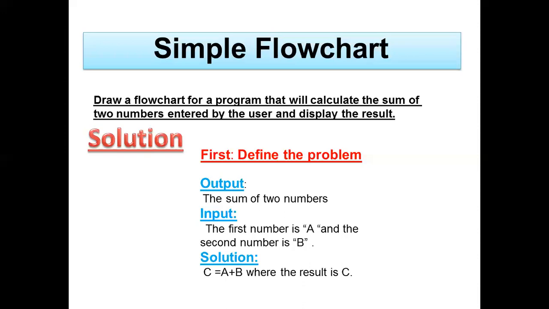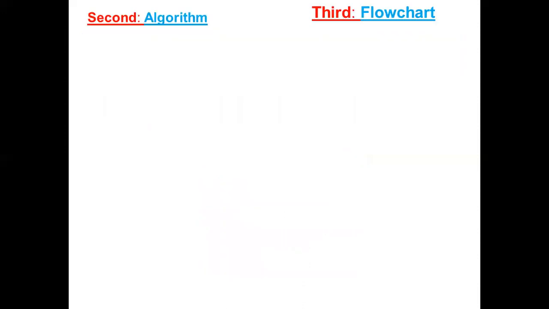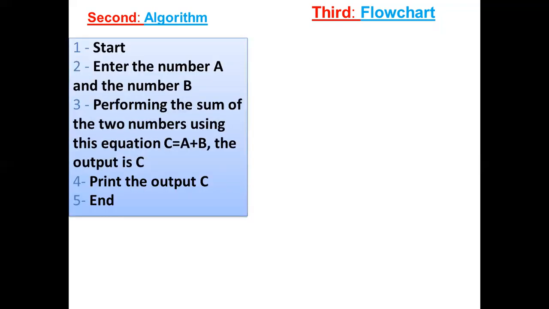Okay, let's do it. After we define the problem, let's plan. Let's do the algorithm and draw the flowchart. The second step is the algorithm, to write the steps, the plan we should follow to do our program. Number one, start. Number two, enter the number A and number B, the input.